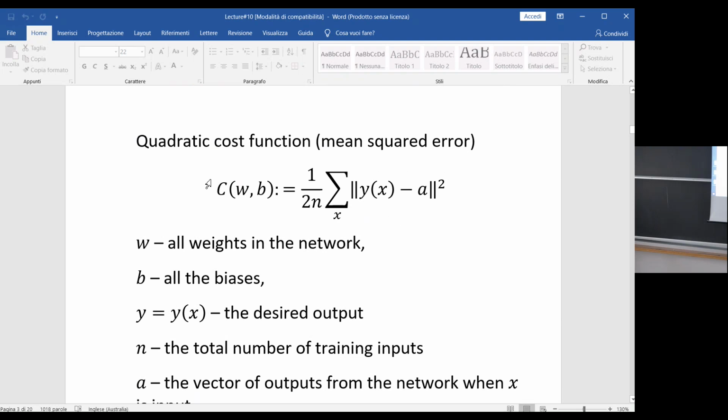It means that we firstly choose some so-called cost function, and this cost function will be the criterion of our training. Okay, the cost function, written in such a form, is the mean square error between the result of our neural net and the desired result.